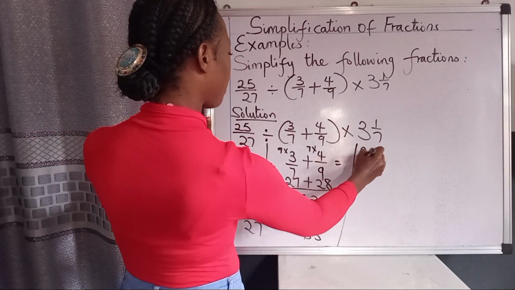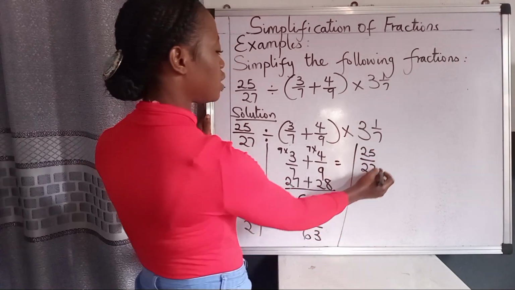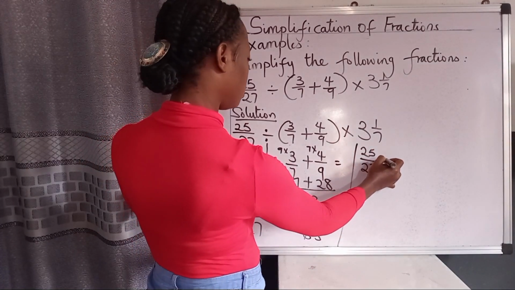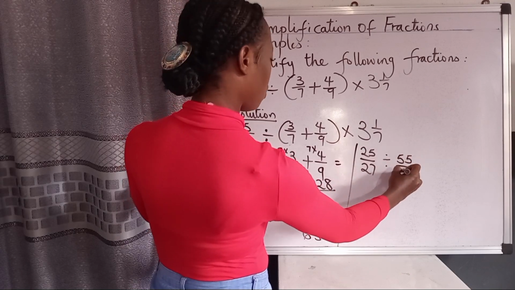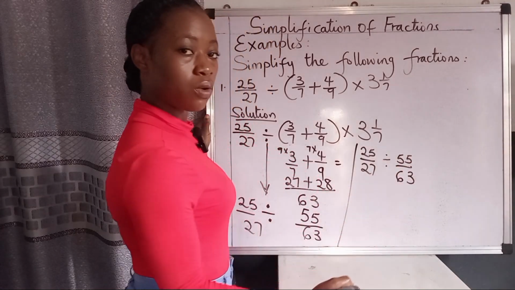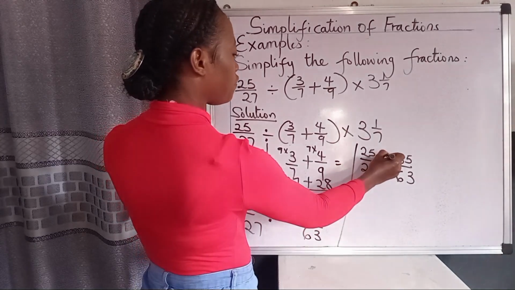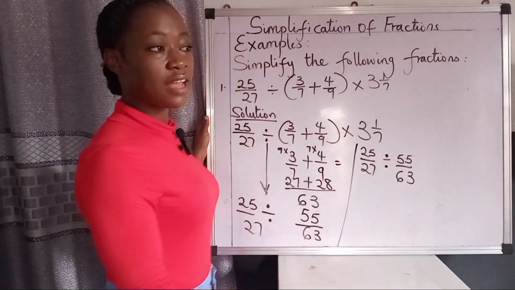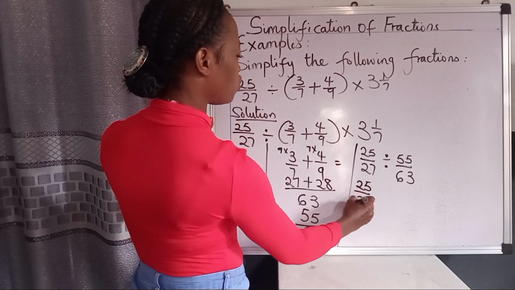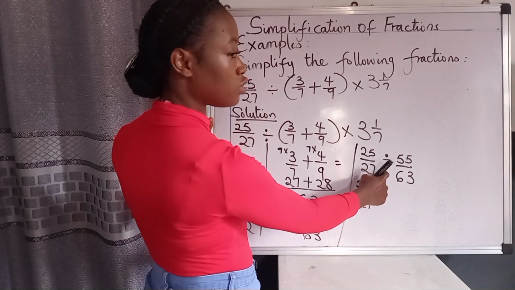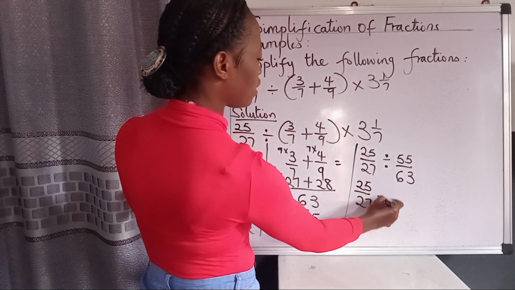So I have 25 over 27 divided by 55 over 63. Okay? Now, if you can remember, when you are dividing fractions, what you simply need to do is write 25 over 27. You change the division sign to multiplication sign.